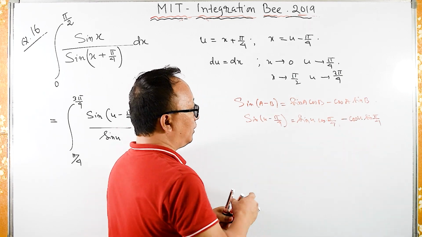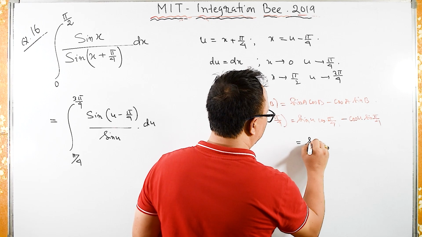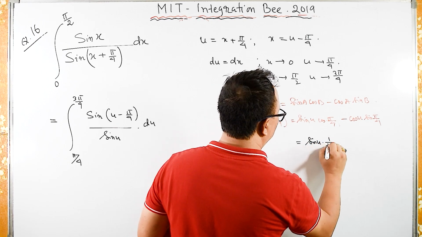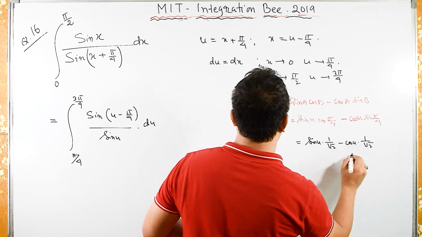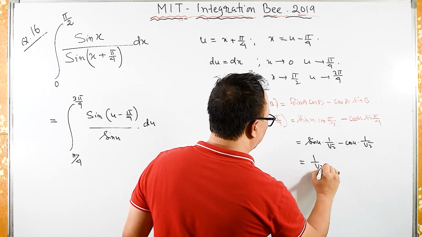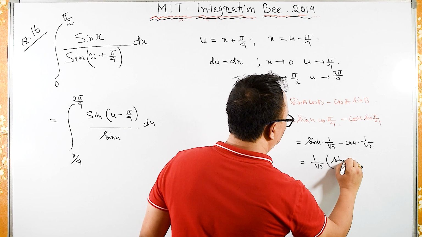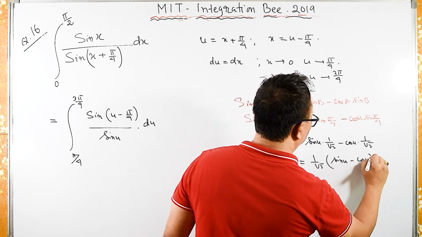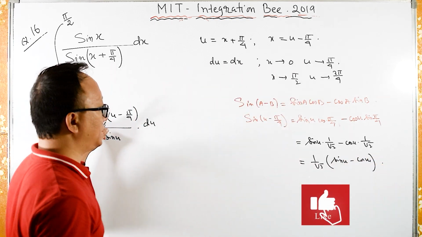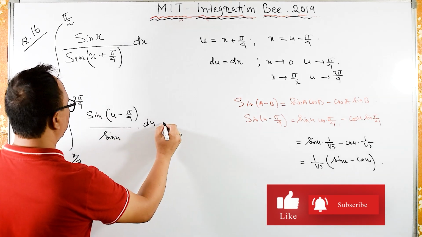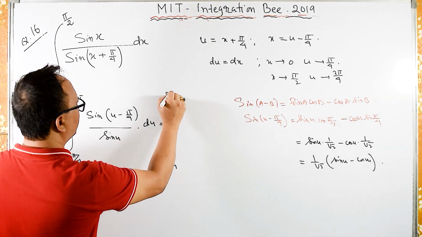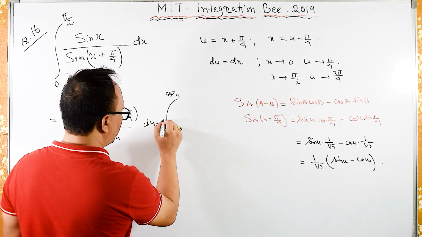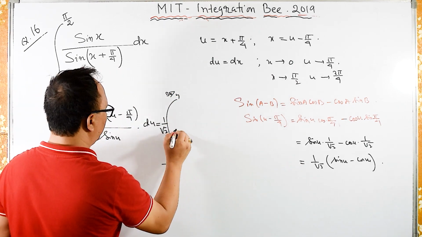So here we have sine of u into 1 by root 2 minus cos of u into 1 by root 2. If I take 1 by root 2 common, we have sine of u minus cos of u. So instead of this, I can write it like this: the integral from pi by 4 to 3 pi by 4. 1 by root 2 is a constant, so I will send it outside.